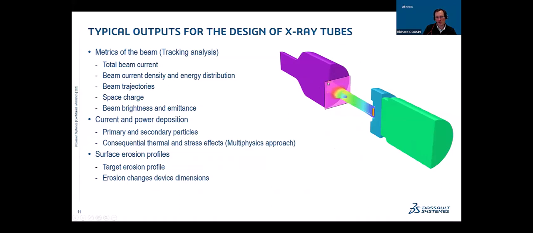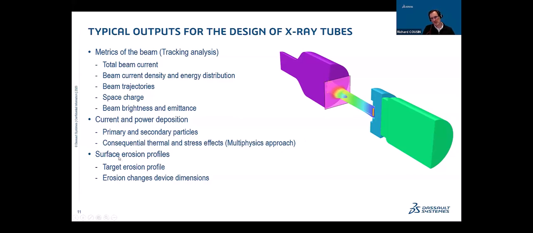You see here you can place a so-called particle 2D monitor, and then you can analyze the beam profile at certain positions. Current and power deposition can also be analyzed as soon as the particles are hitting the target. Then you have primary and secondary particles, which can be considered. And you can also use a multiphysics approach to compute the increase of temperature when the particles are hitting the target.